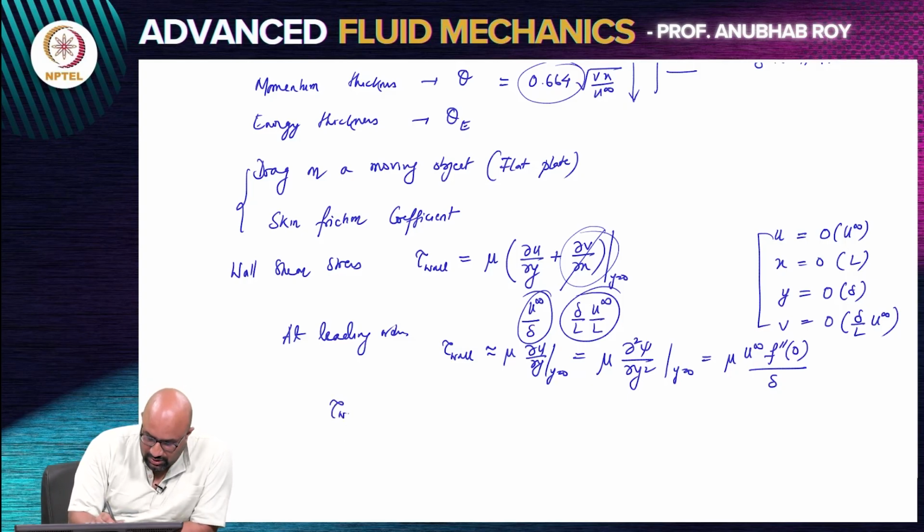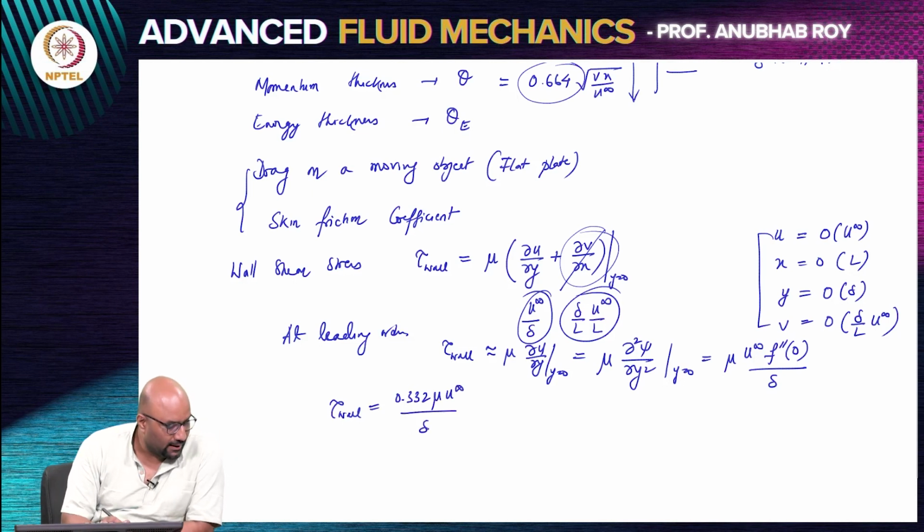So, the wall shear stress is 0.332 mu u infinity by delta. Now, delta we already know what is delta, right? So, this is 0.332 mu u infinity, delta is square root nu x by u infinity.